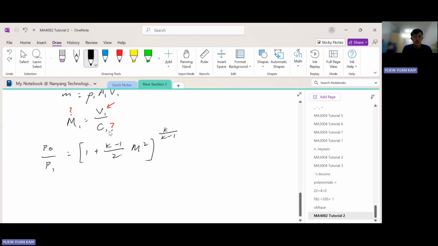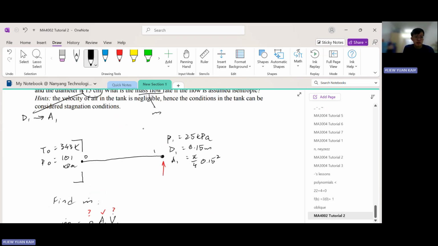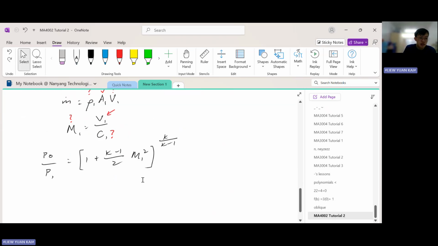Okay, so if you're instead applying this to point 2, then this will be P2, M2. If you're instead applying this to point 3, you call this P3, M3. Okay, so I hope you understand my point. So we're applying this to point 1, so put this at 1 and 1. Now we shall substitute with whatever we have. See, we know P0 as this, P1 is this, so let's substitute those values in.